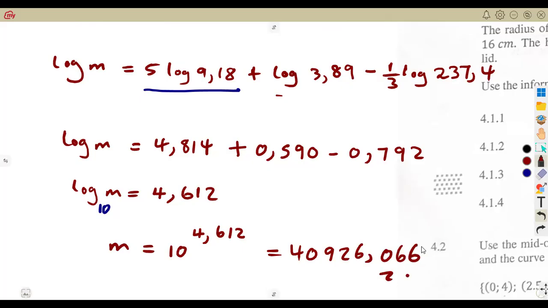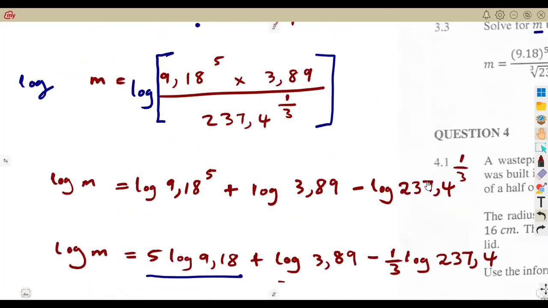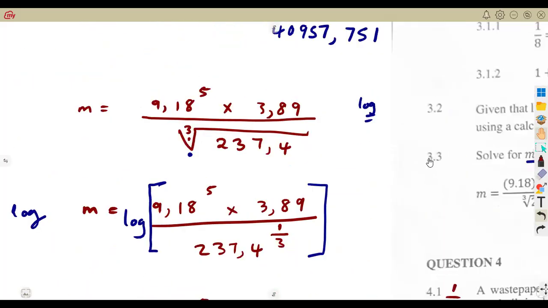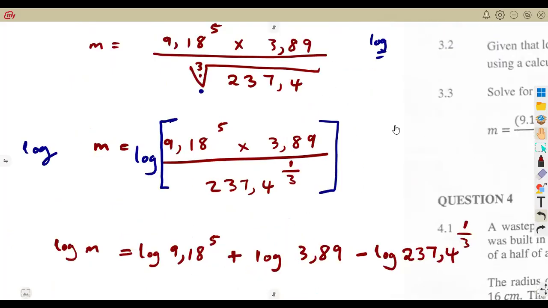So it is the value of m that you're going to have. But remember, we simplified this before, everything on our calculator here. So it's 40,000. As you can see, it's approximately in that interval, 40,000 something. This is how it's supposed to be.